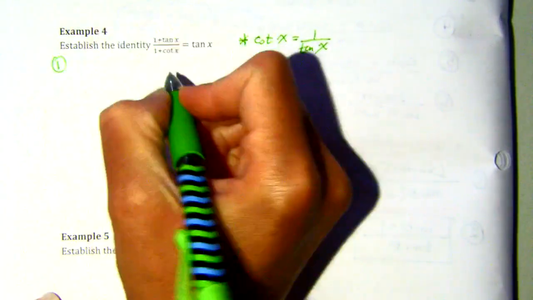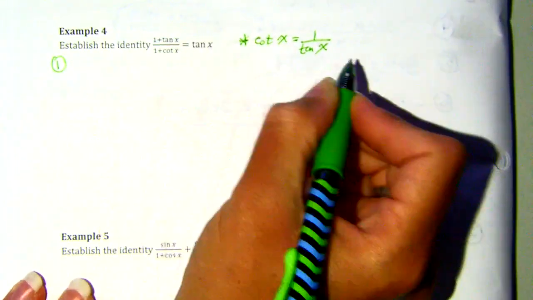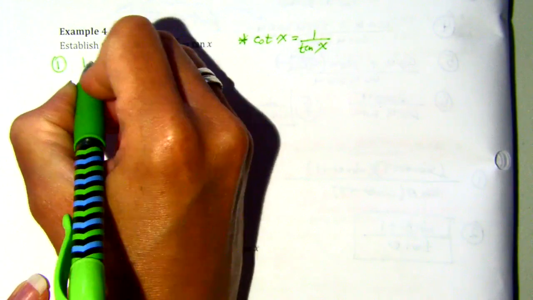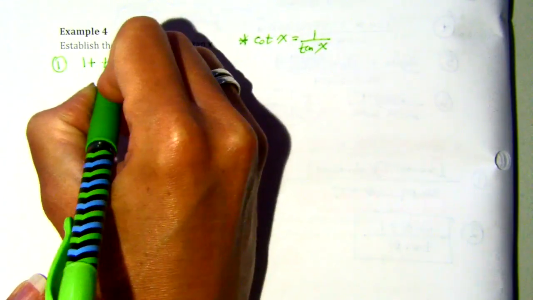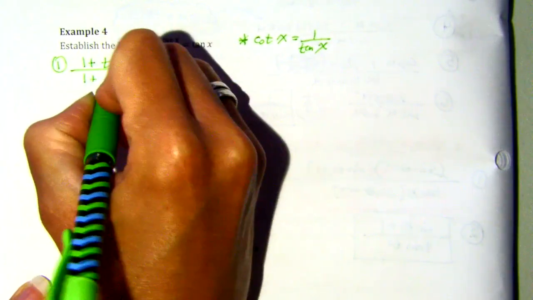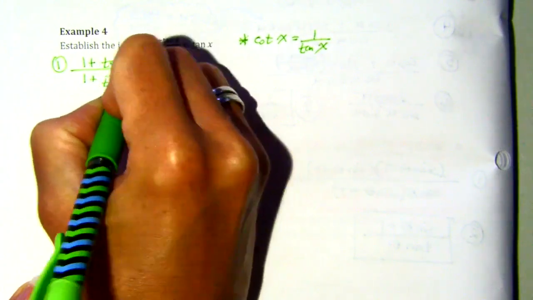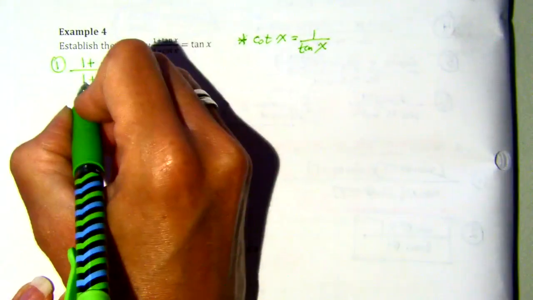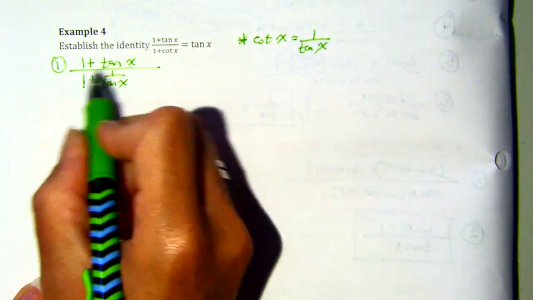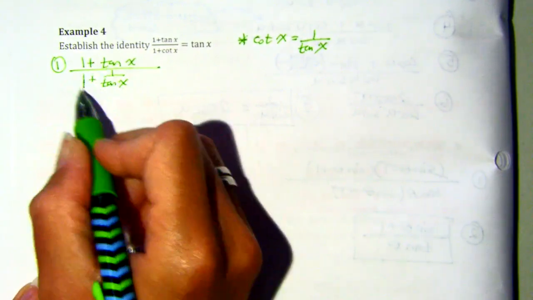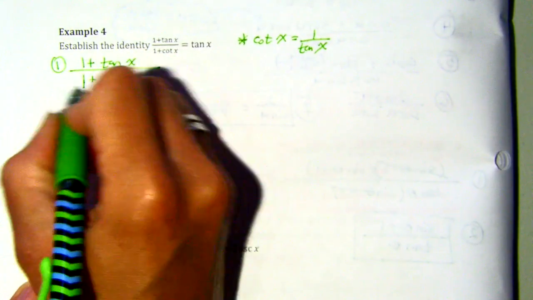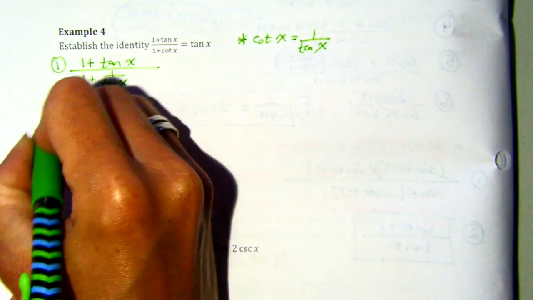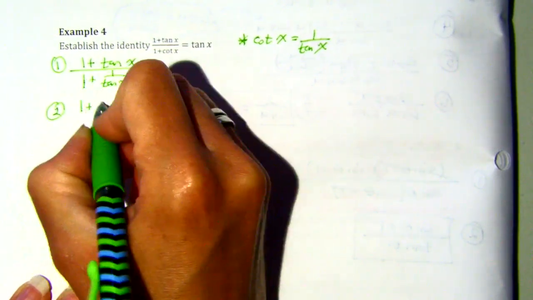The first thing we're going to do is replace cotangent of x with 1 over the tangent of x. We have 1 plus the tangent of x divided by 1 plus 1 over the tangent of x. Now in this denominator, we want to simplify this. In order to add fractions, they need to have a common denominator.